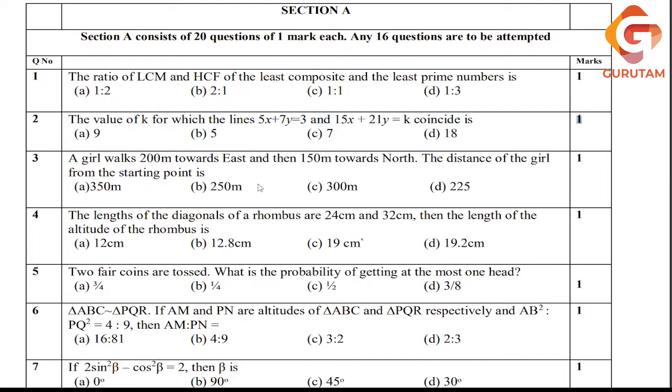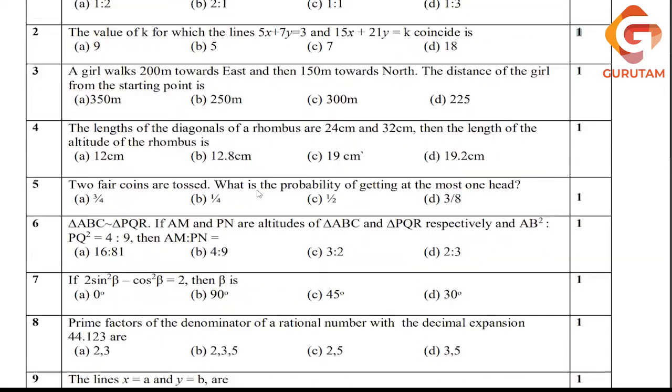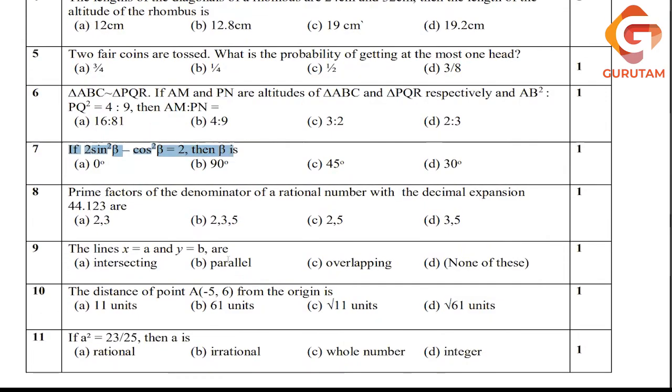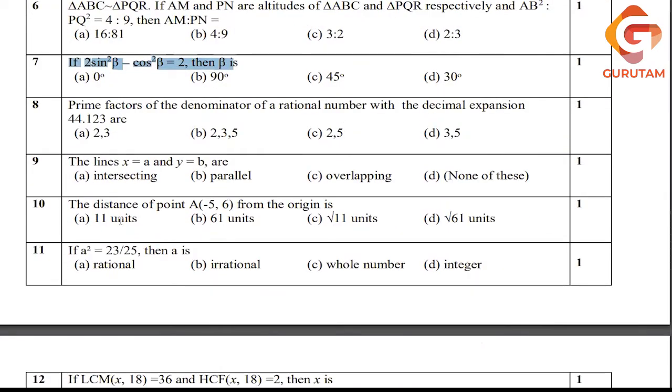What I thought is I will show you a few examples that previously came as 2 marker or 3 marker, they have given here as a 1 marker. You can see question number 2, question number 6, question number 7. These are questions which are literally 2 marker questions, but CBSE has given them as 1 marker.